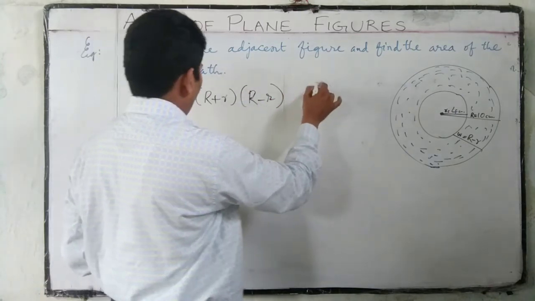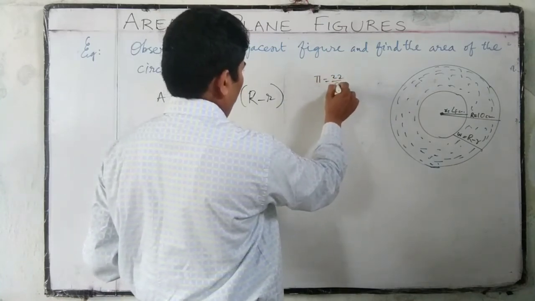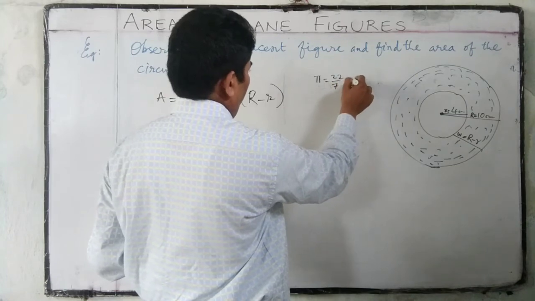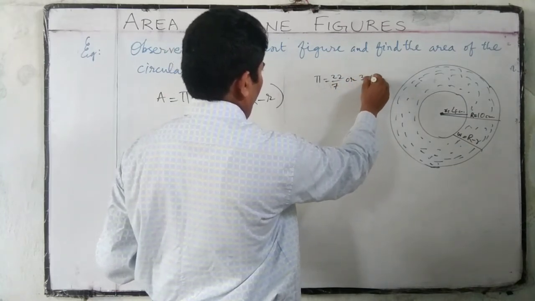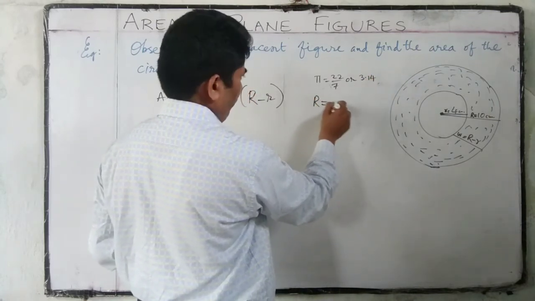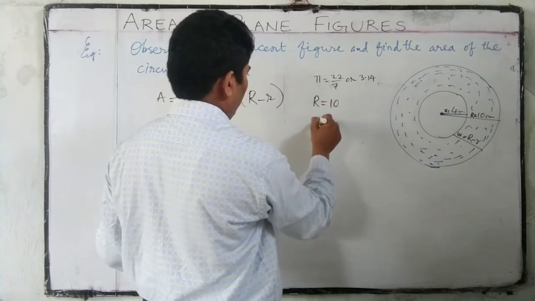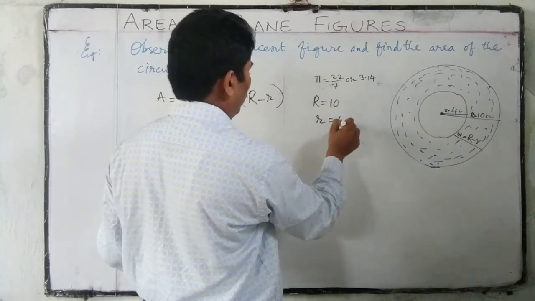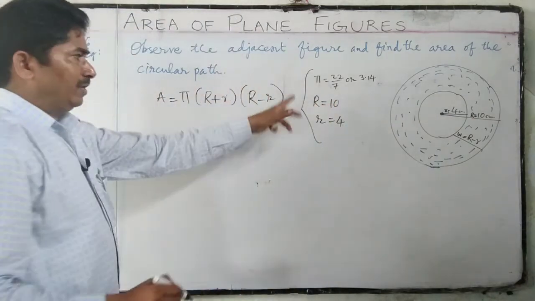Here we know pi is 22/7 or 3.14, and capital R is 10, small r is 4. We have to substitute these values in this formula.